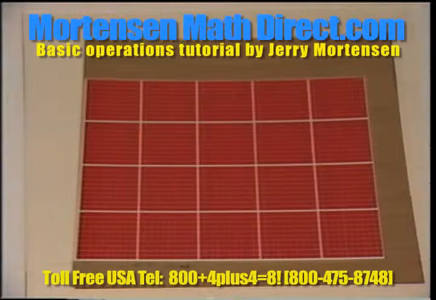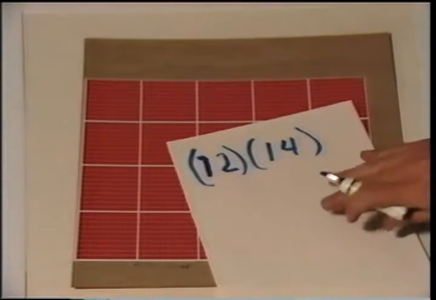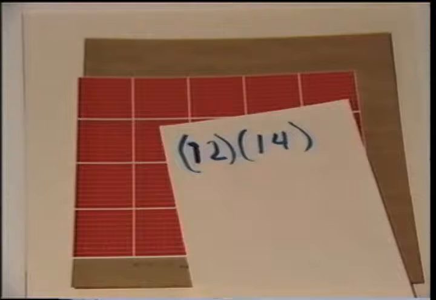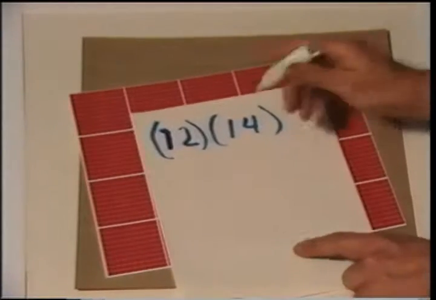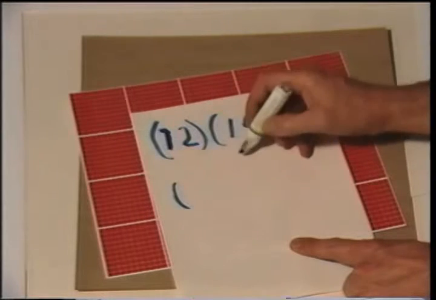Let's make it something like 12 times 14. 12 times 14. Of course, we will rewrite that from shorthand to longhand.